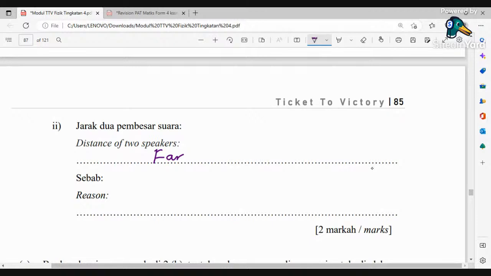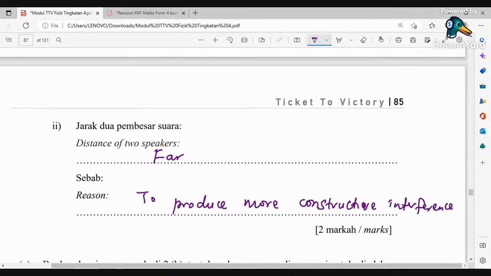Okay, to produce more constructive interference, or to produce smaller distance between antinodes.